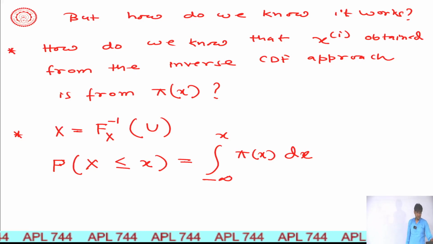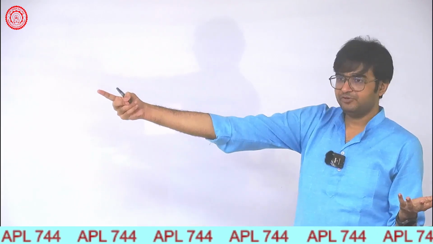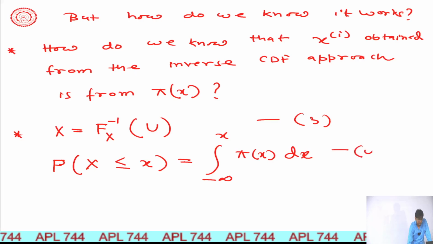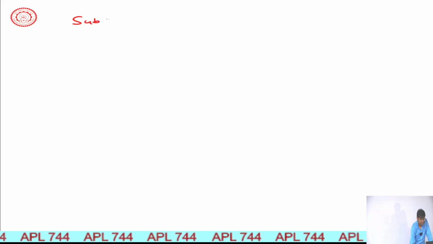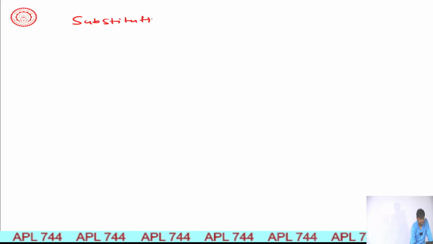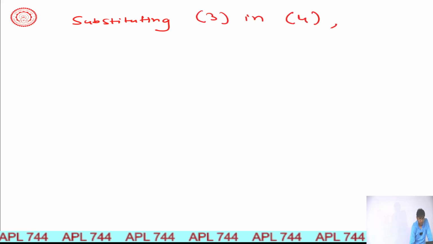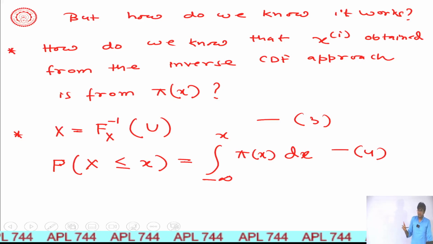Now, how are you getting x? What is the transformation we are using on x? F inverse u. So let us put it there and let us see if we are getting something meaningful. So substituting 3 in 4, we get probability x less than or equal to x.